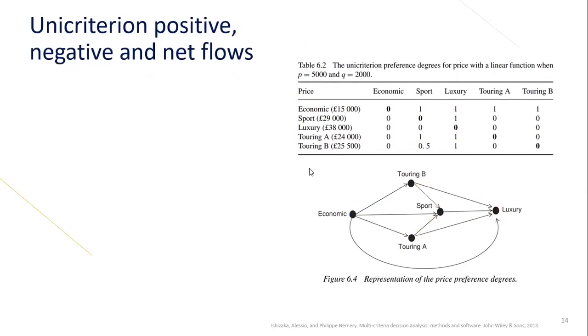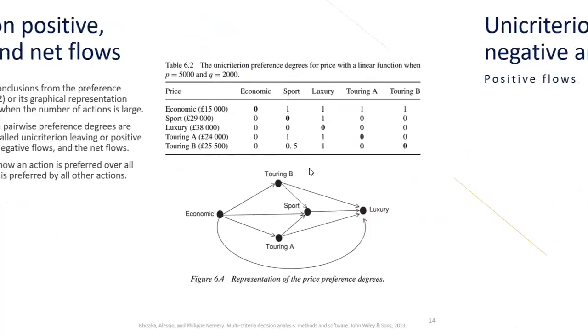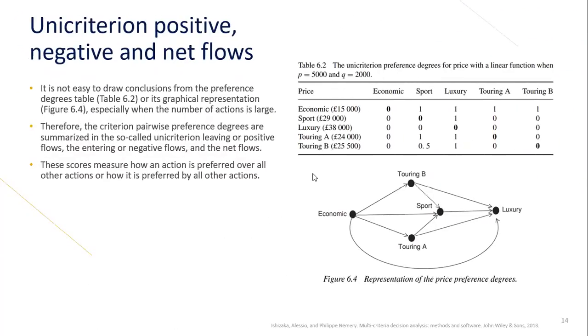Okay, and then you need to calculate all of that for the graph, and then the next step is to calculate something called positive, negative, and net flow. What are those? Sometimes it is not easy to calculate if you have more alternatives. The graph will be more and more difficult to understand.